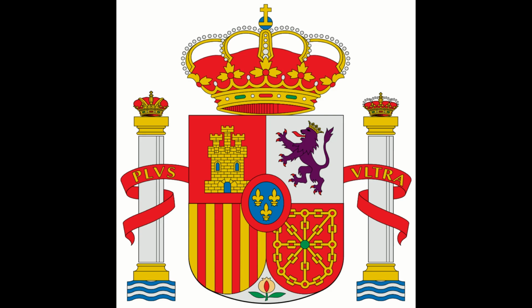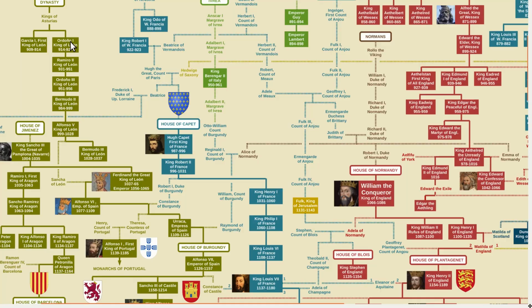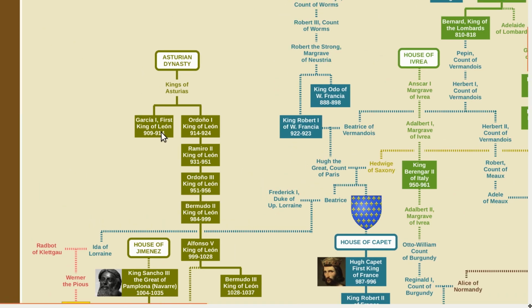But let's go back to the family tree chart, and we're going to go up here to the top and start with the kings of Leon, since that was the dominant kingdom originally. Now, the earliest kings of Leon trace their roots to the kings of Asturias. And Asturias was a kingdom that existed before the 4 kingdoms that I just mentioned. It was the first Christian kingdom to reestablish itself after the Muslim conquest of Spain.